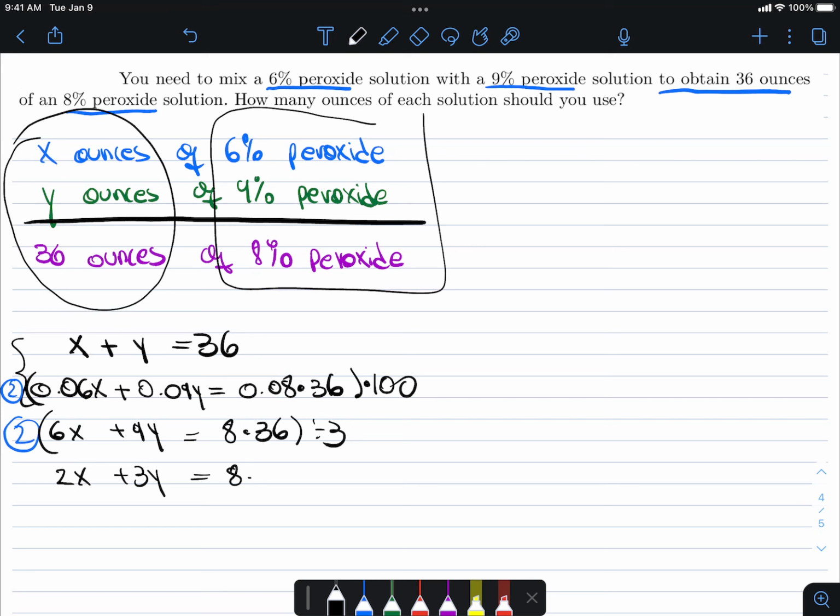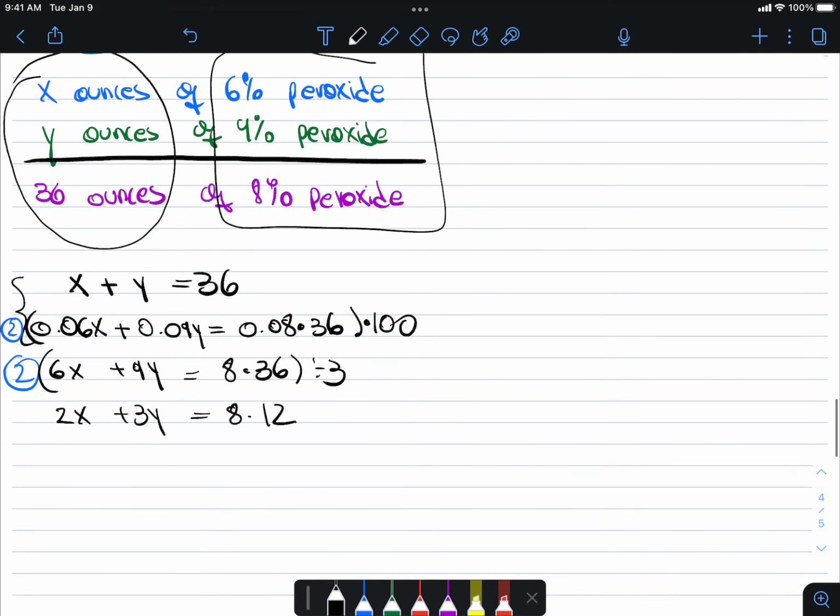So 36 divided by 2 is 12, and I have my calculator on me just to make sure, but I think that's a 96. So that's 2x plus 3y equal to 96. That's my second equation. So now all we need to do is solve the linear system x plus y equals 36, 2x plus 3y equals 96.